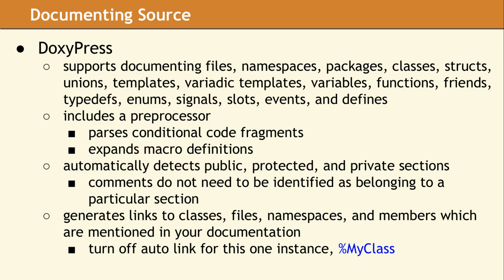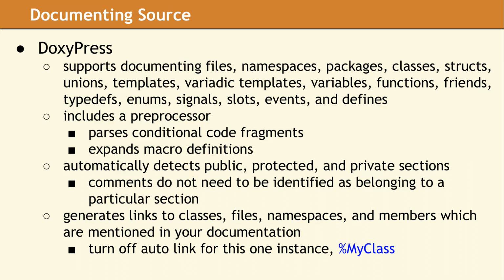You can disable documenting private members to hide implementation details from your public API documentation. If your comments are not adjacent to the source code and located in a separate file, you do not need to mark anything to indicate the visibility section. DoxyPress parses your source code and will know which section to place the documentation in.